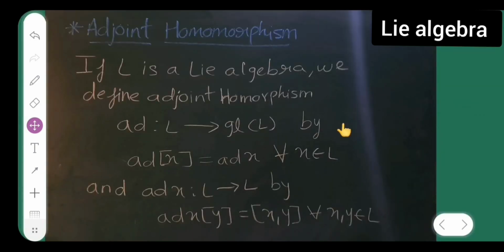Next is the adjoint homomorphism. Now what is an adjoint homomorphism?